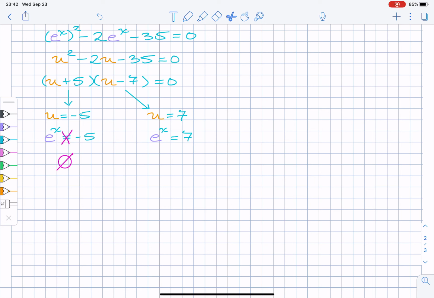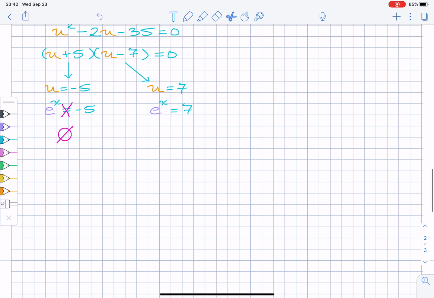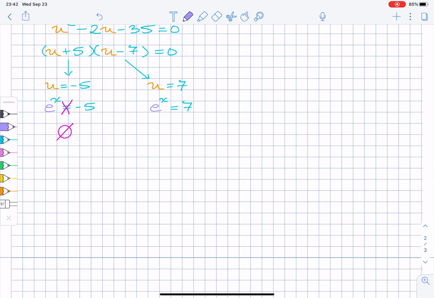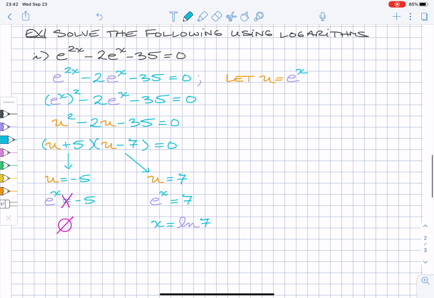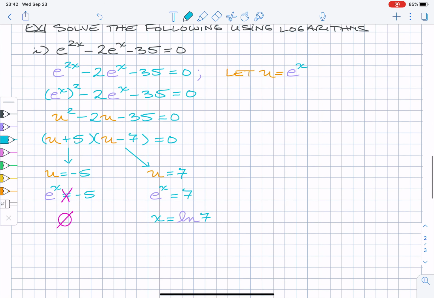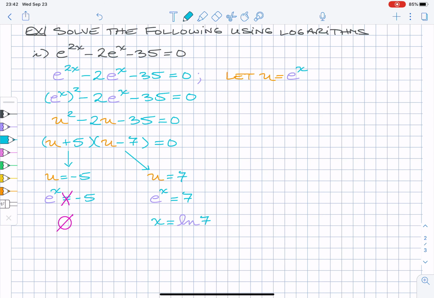However, on the right-hand side, having a positive value for an exponential is just fine. So I claim I can rewrite this in terms of a logarithm as x is equal to, well, the base of the logarithm is e, hence this is natural log. E raised to the x is equal to the argument 7. So there we are. We get that x is equal to natural log of 7. And that's the only solution for that exponential equation.